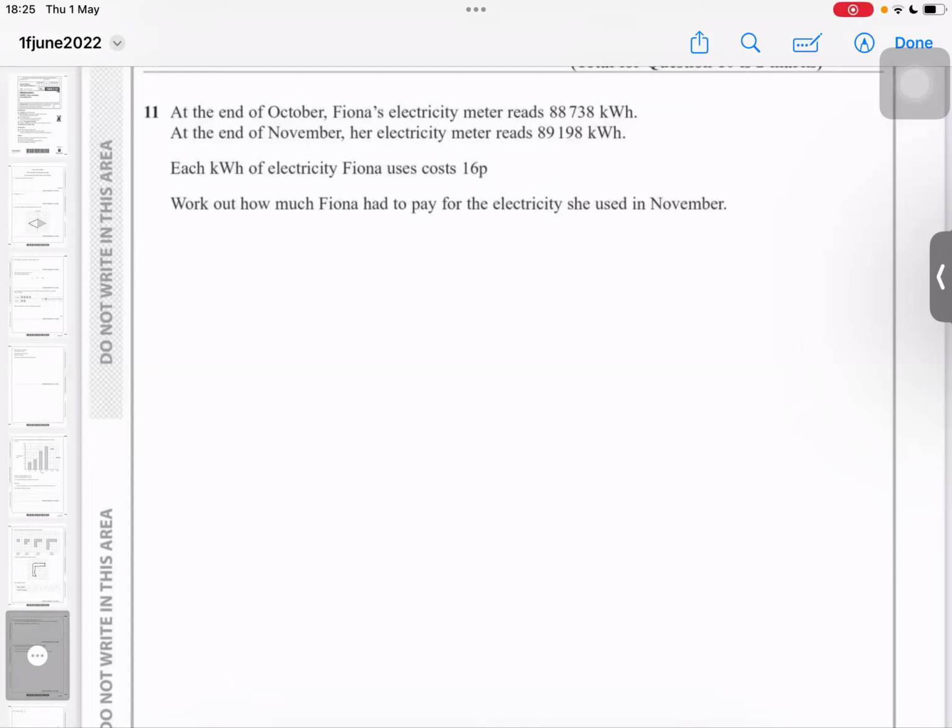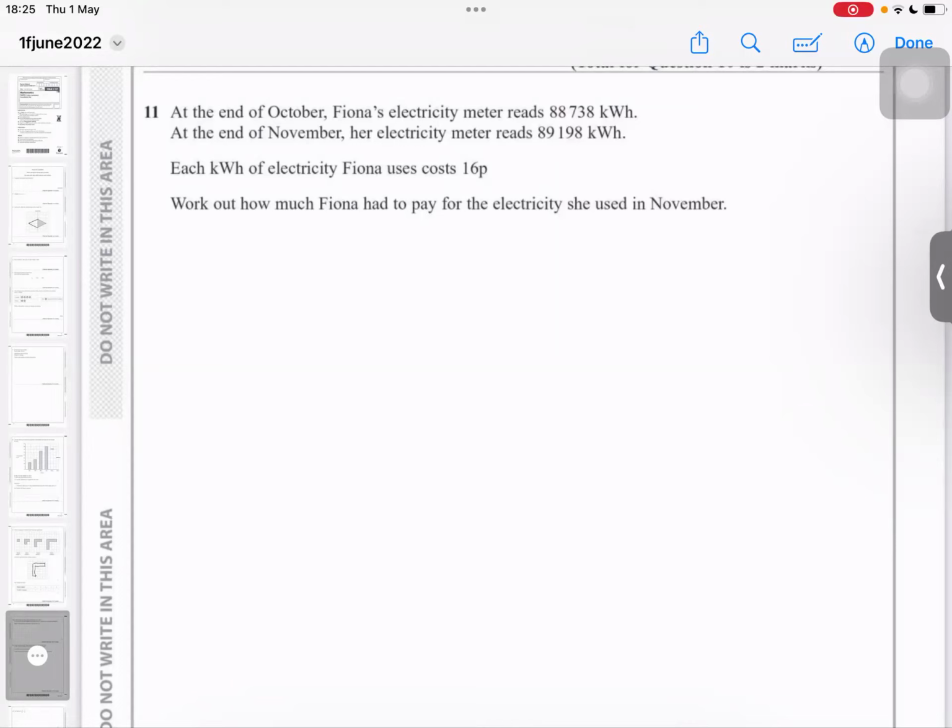It says each kilowatt hour of electricity Fiona uses costs 16 pence. What does it say next? Work out how much Fiona had to pay for the electricity she used in November.